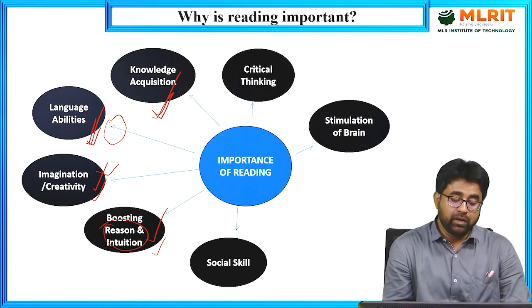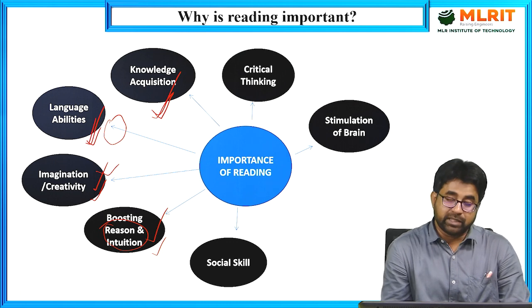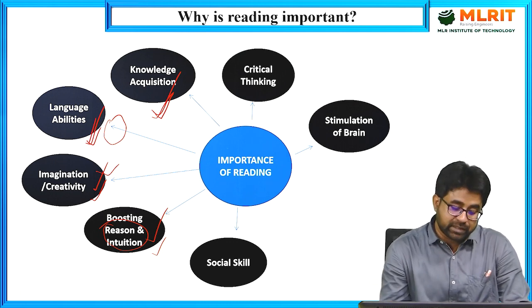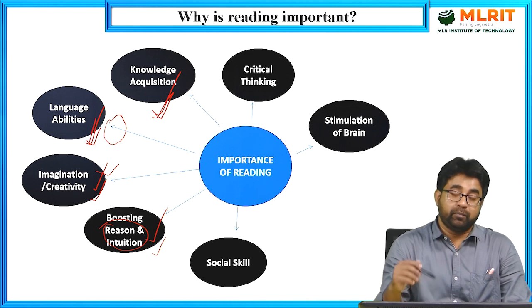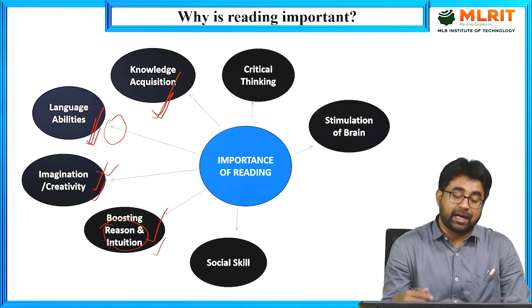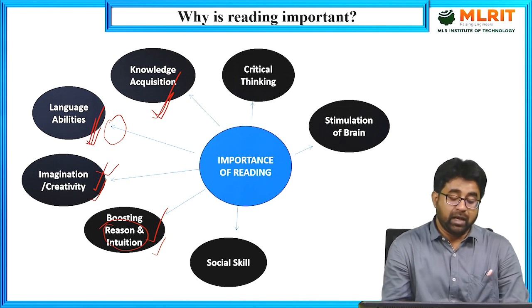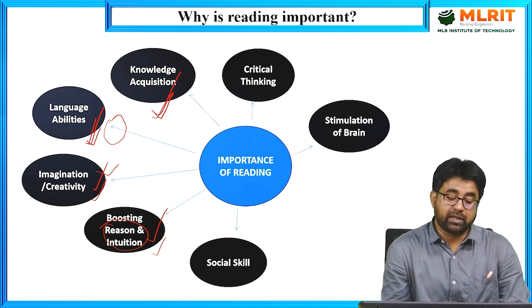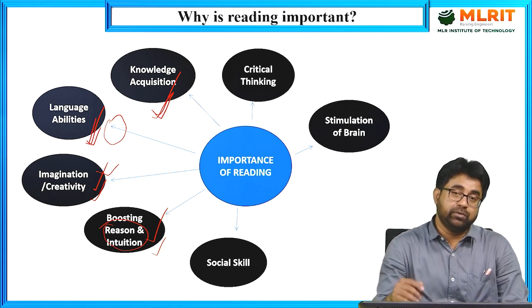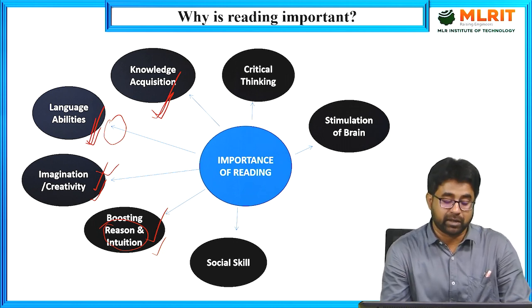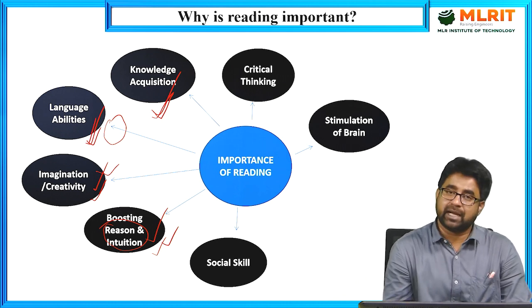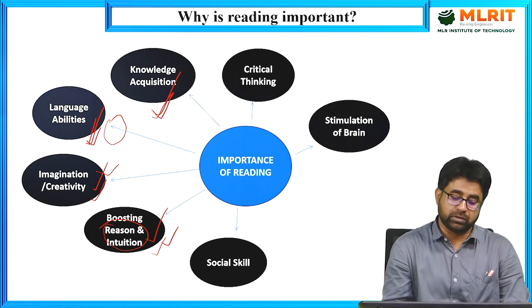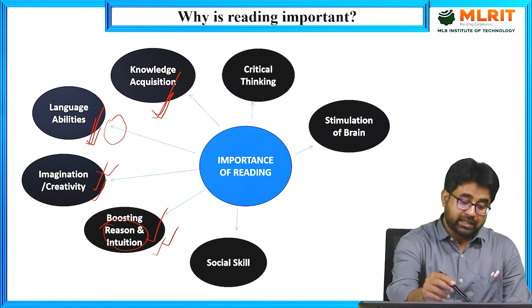When we read, we actually develop those qualities, because we see how characters are using them. If I'm reading a novel, I might learn by observing how a character is reasoning to tackle a particular situation, and how he or she is using intuition to tackle it. That's why reading helps us to develop our reasoning skill and intuition also. Then critical thinking.